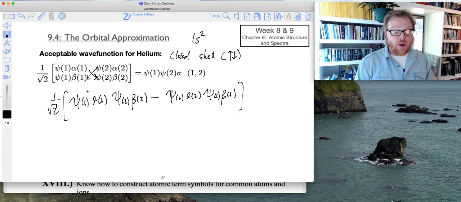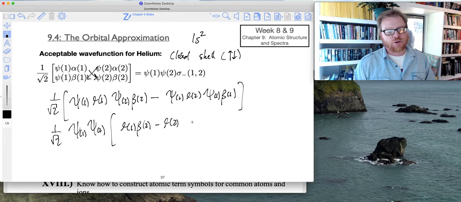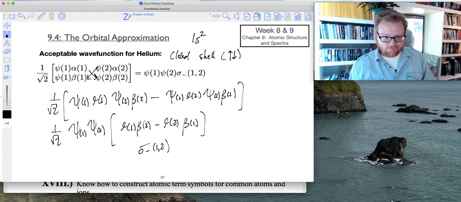If we do algebra on this and factor it out, we can factor out the 1 over root 2 and the psi 1, psi 2. What we'll be left with is alpha 1 beta 2 minus alpha 2 times beta 1. And this is equal to our sigma minus 1, 2 wave function.